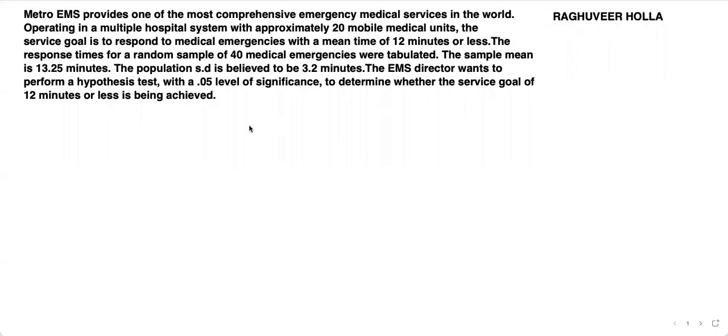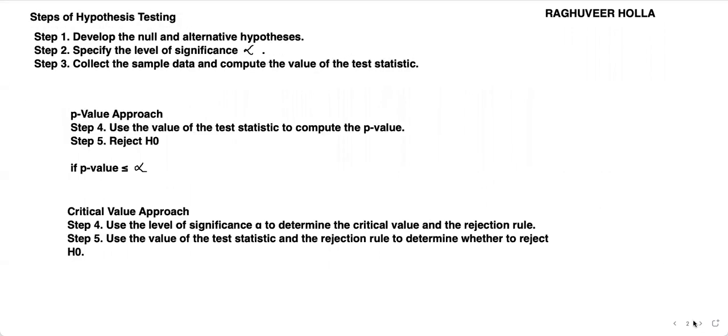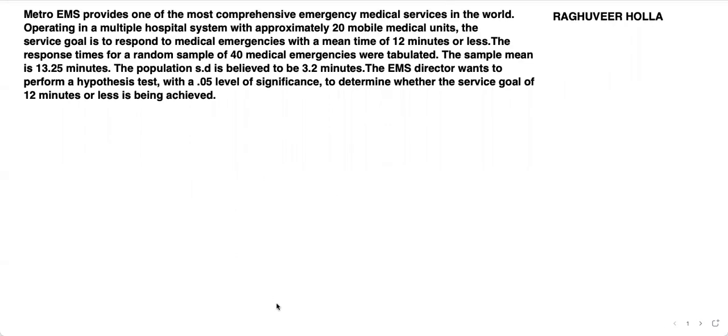Now let us solve this problem. First step, as we have discussed, develop the null and alternative hypothesis. So we have H naught, mu less than or equal to 12, right?